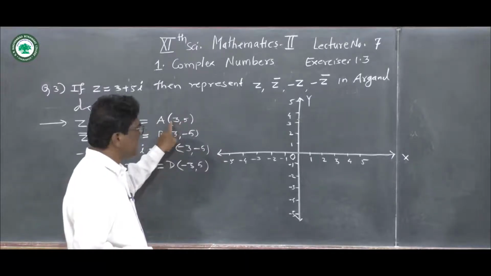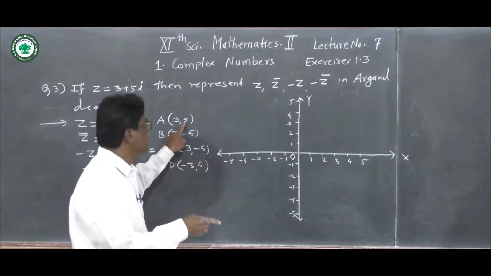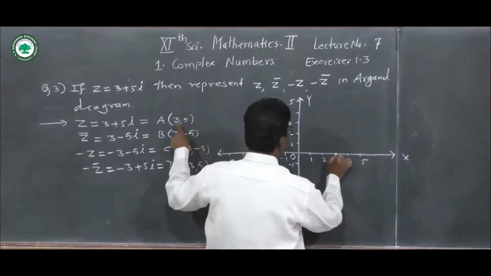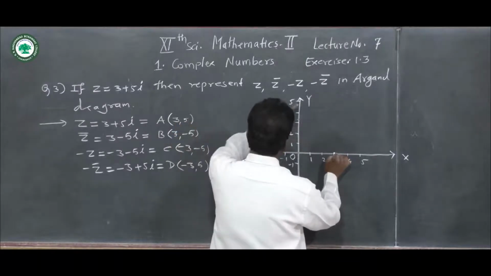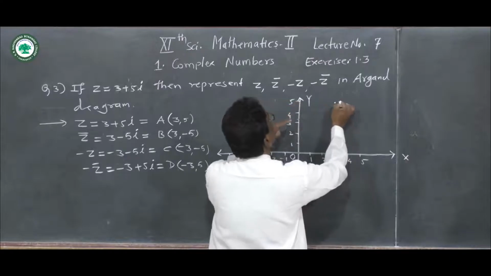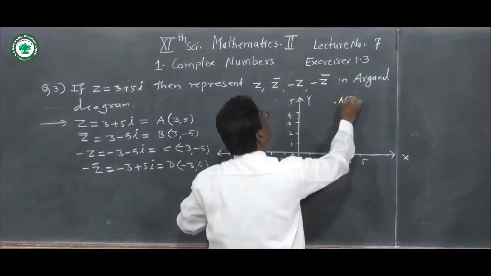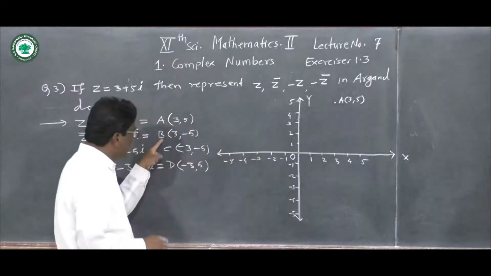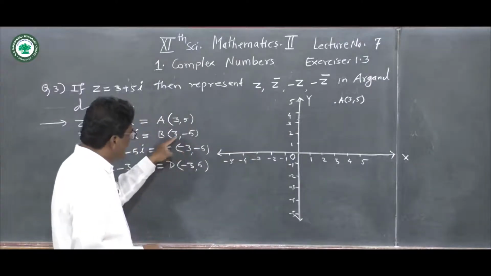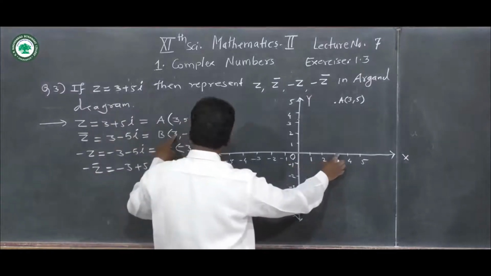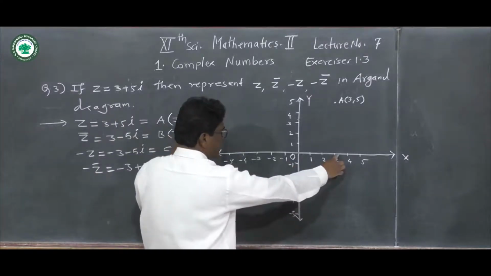Now the first point, A of 3, 5. Both coordinates are plus, so it lies in the first quadrant. The x coordinate is 3, the y coordinate is 5, here 3 and here 5. So this point is A of 3, 5. Now the second point, B of 3, minus 5. The x coordinate is positive 3 and the y coordinate is minus 5.